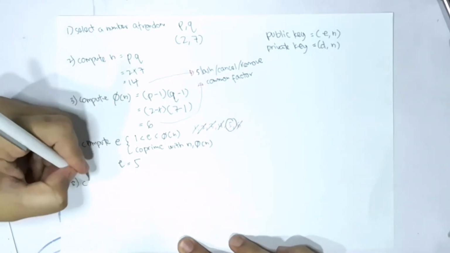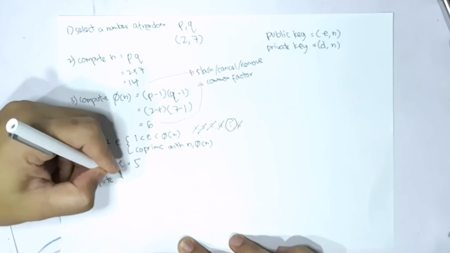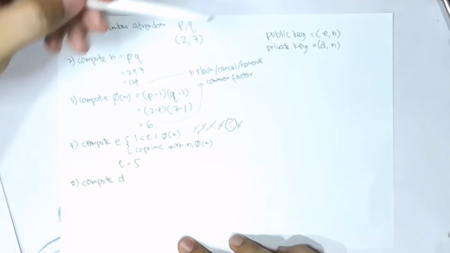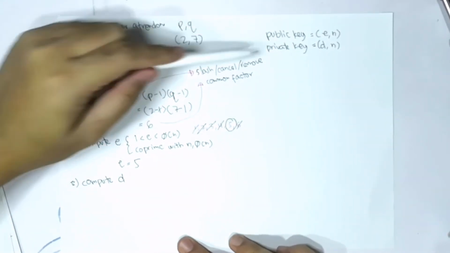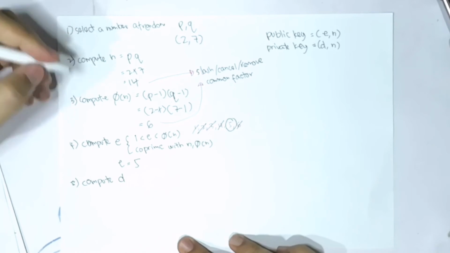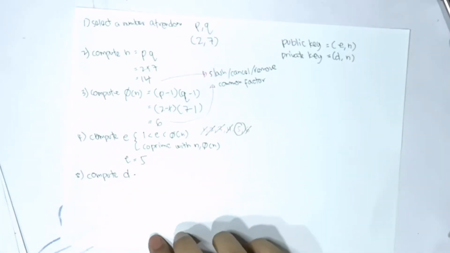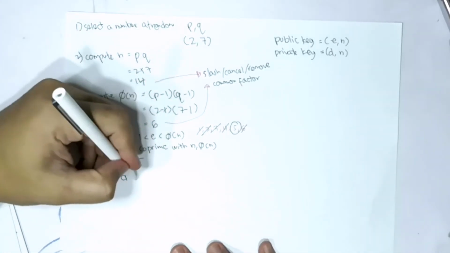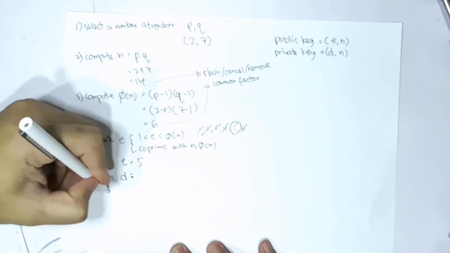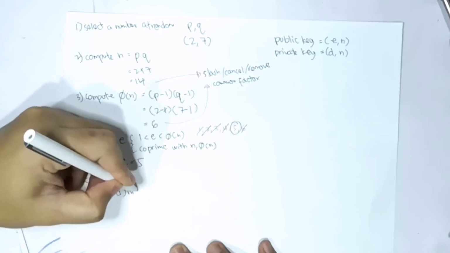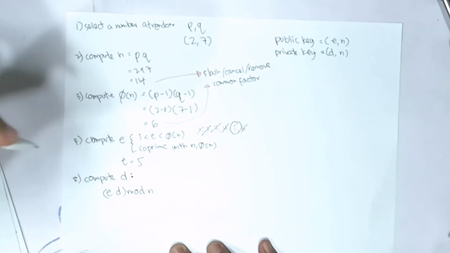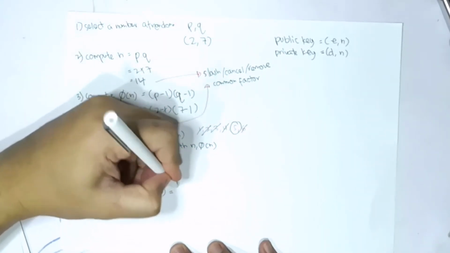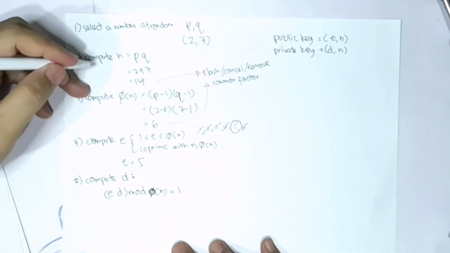Lastly, we need to compute D. E we already have, and we already know the numbers. So D, we need to use this formula: E times D mod phi N equal to 1. So E and phi N, we already know it.